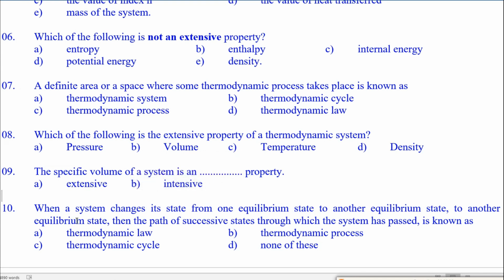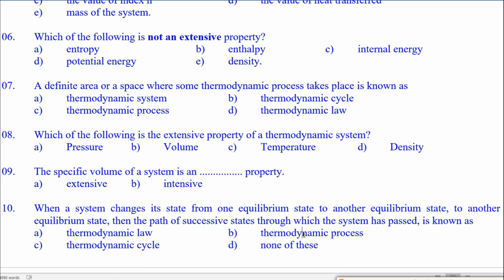Question 10, when a system changes its state from one equilibrium state to another equilibrium state, then the path of successive states through which the system has passed is known as thermodynamic law, thermodynamic process, thermodynamic cycle, and none of these.